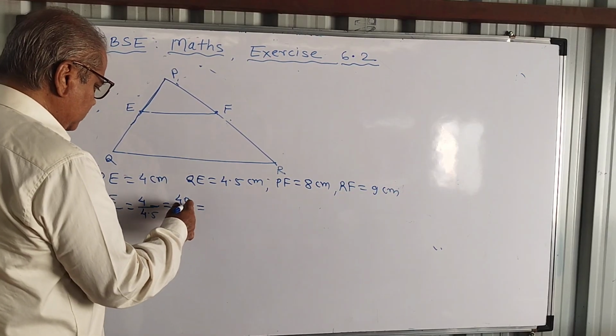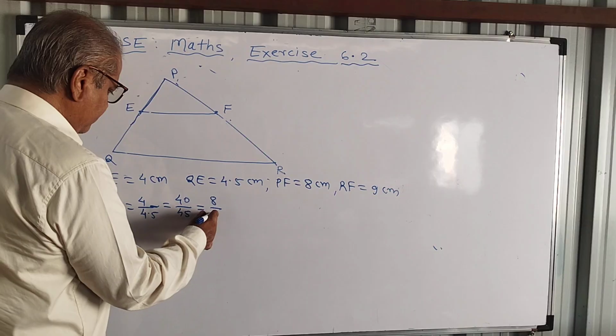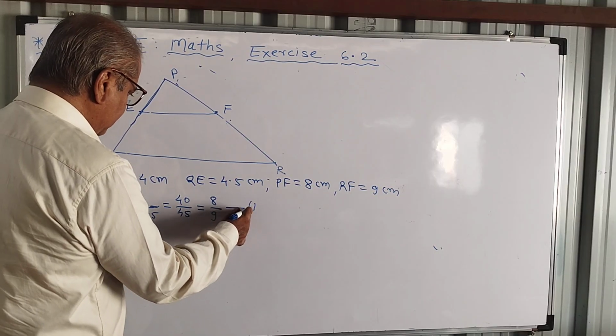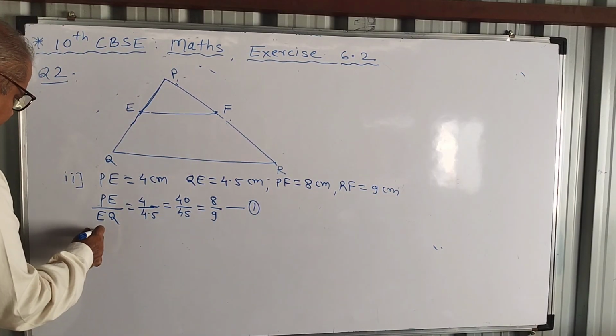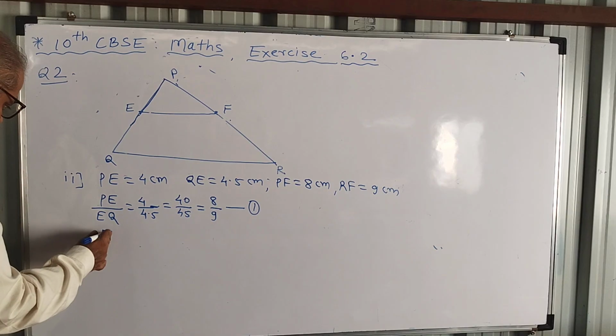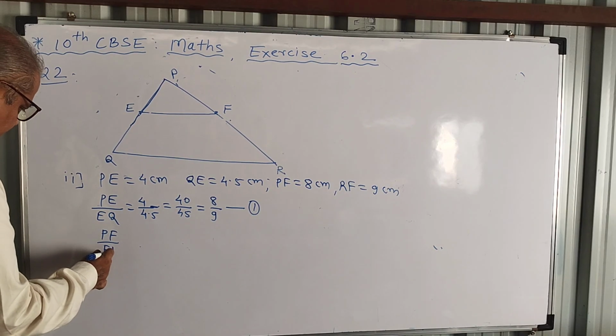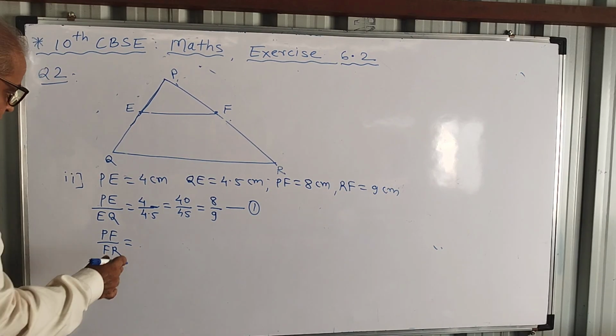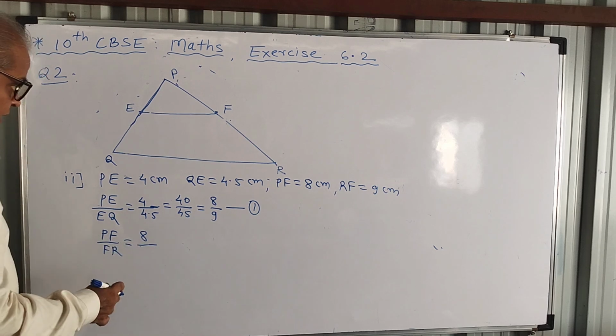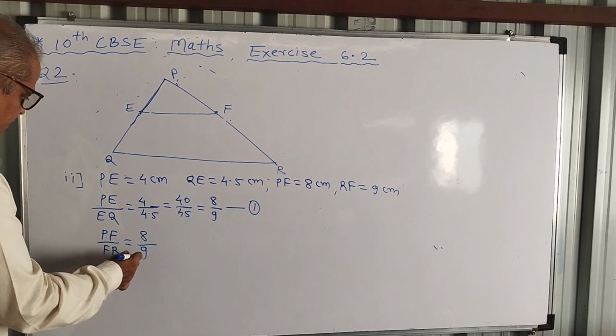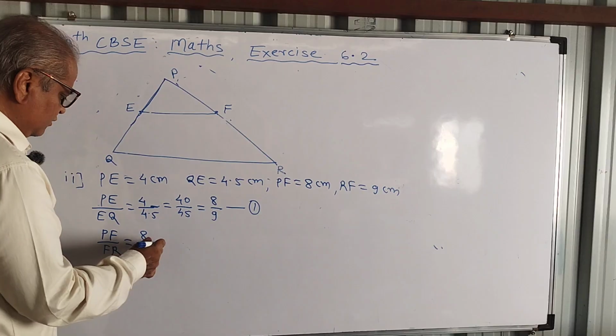It can be reduced by 5: 5 8s are 40, 5 9s are 45. So 8 upon 9. Statement number 1. Now this PF upon FR, what is it? PF is 8, FR is 9. So we cannot reduce it.